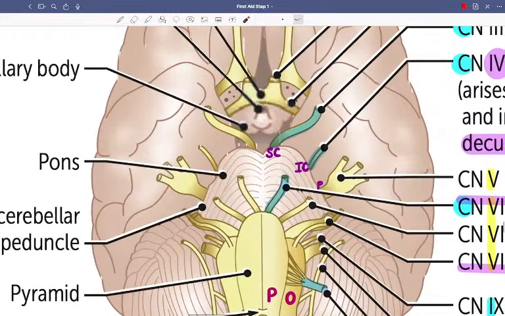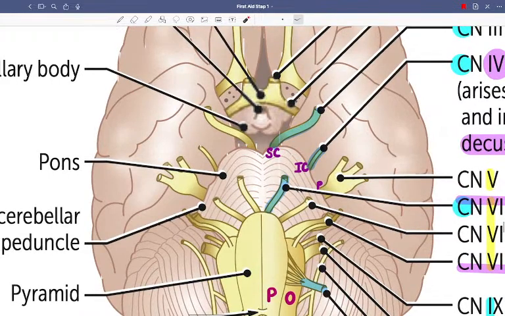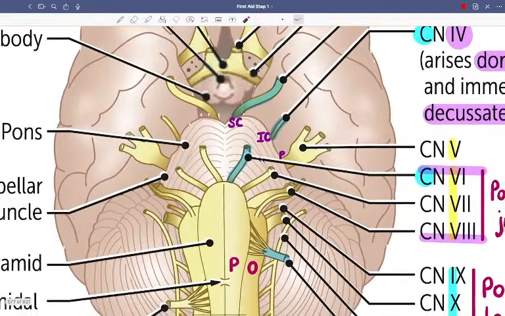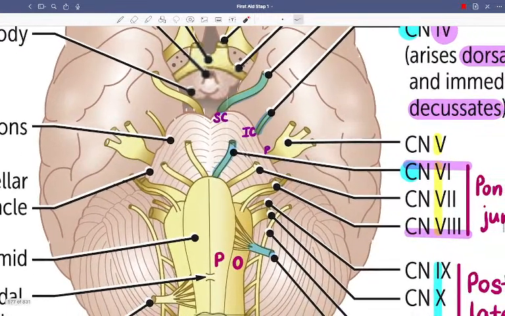So basically we have 6, 7 and then 8. The 8th nerve is also a fat one, vestibulocochlear. This entire bundle is the 8th. That is at the level of the pons basically.